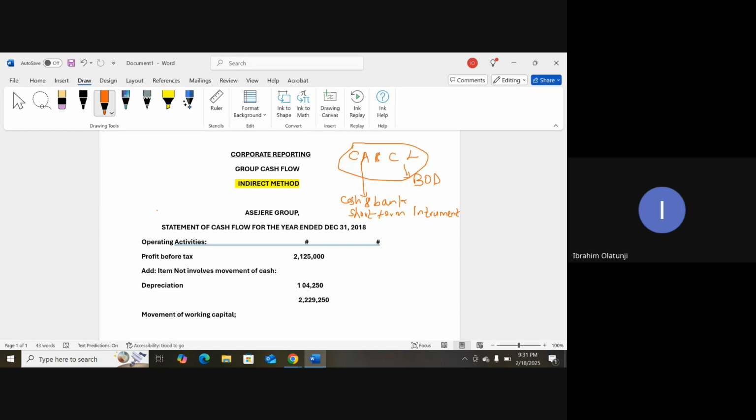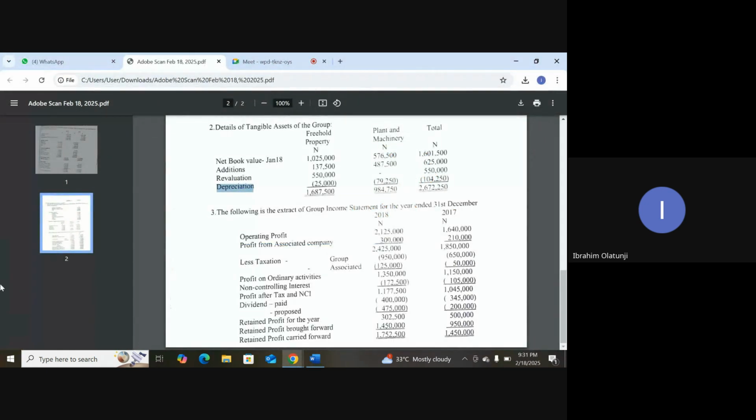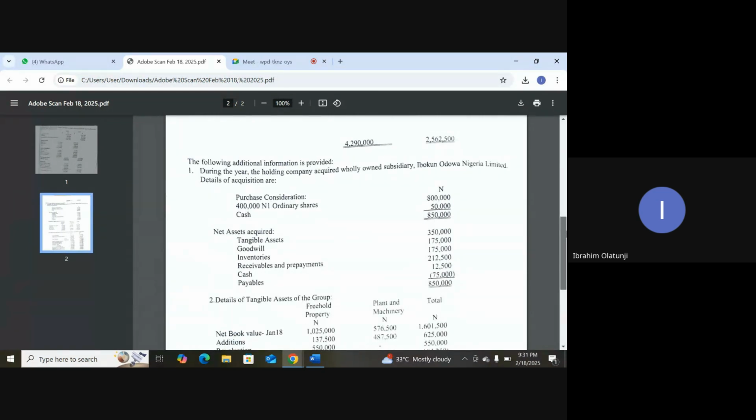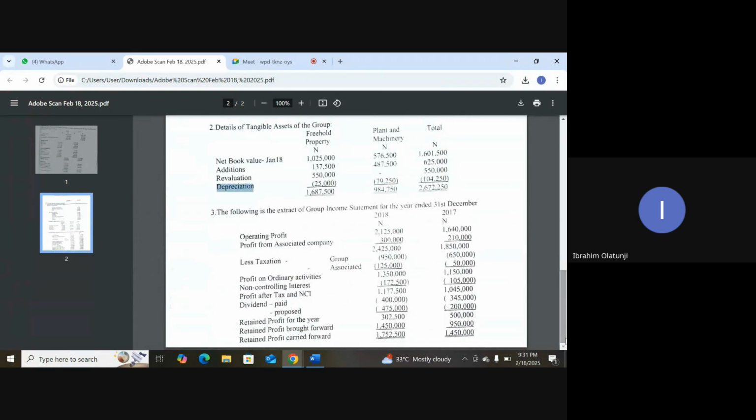So let's go on. If I didn't consider all this, automatically the rest I have to consider. Under my current assets, where will I see current assets? I'll go to the question and check my statement of financial position, formerly our balance sheet.